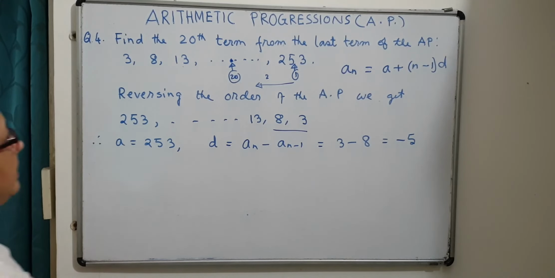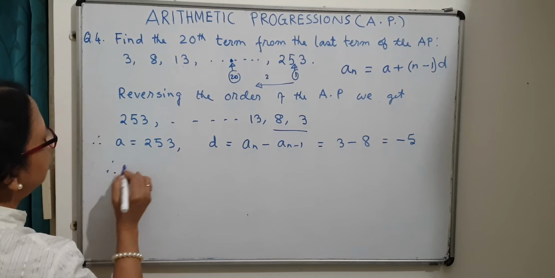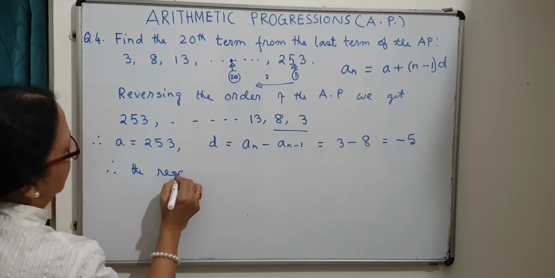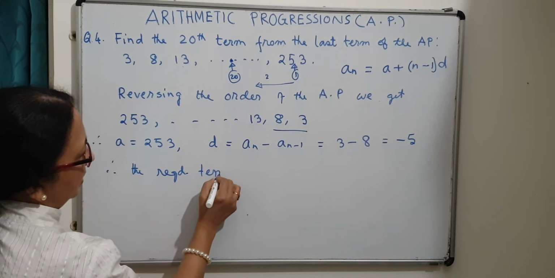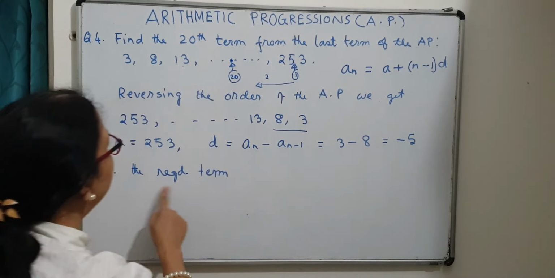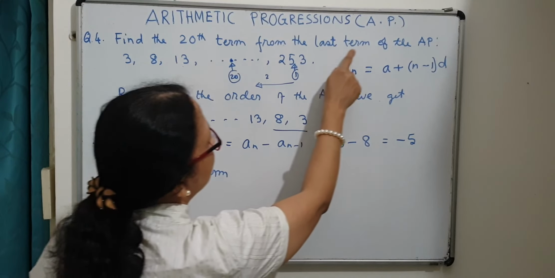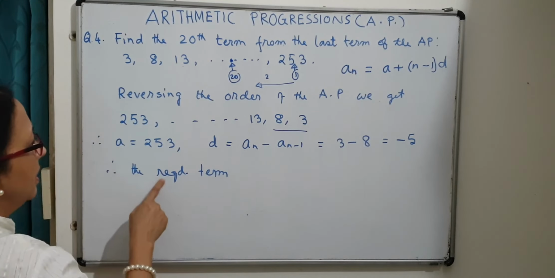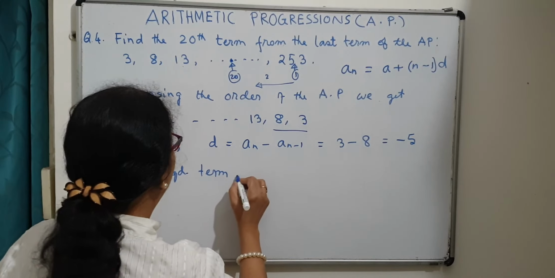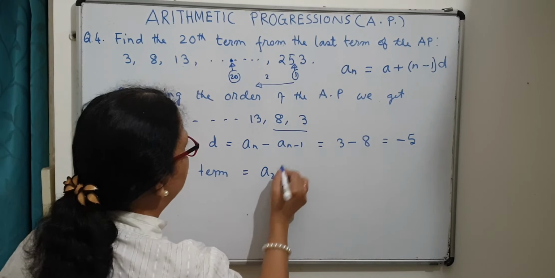So now I can find the required term. Whenever I write required term, it means what is asked to find in the question. So the required term means the 20th term from the last term, which is the same as the 20th term from the beginning of this AP. That is equal to A20 for this AP.